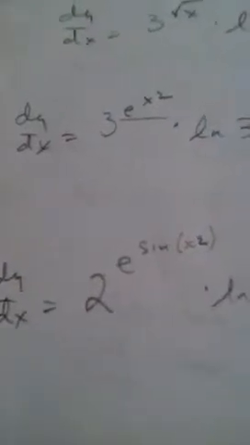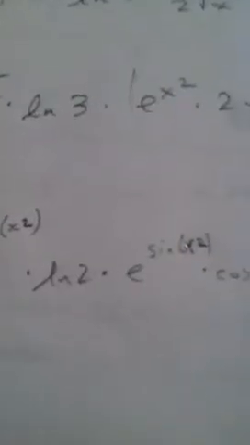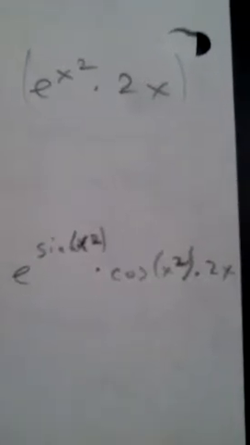And lastly, uglier. y equals 2 raised to the e to the sine of x squared. We're just going to be doing the chain rule a few times. dy dx equals 2 to the e to the sine x squared times ln of 2 times e to the sine x squared times cosine of x squared times 2x.